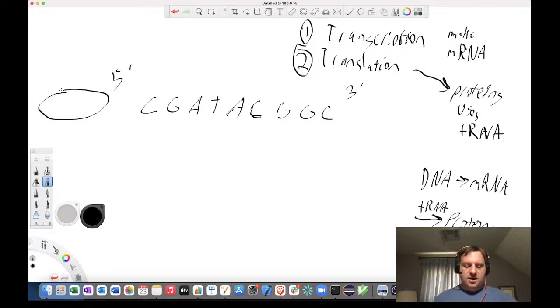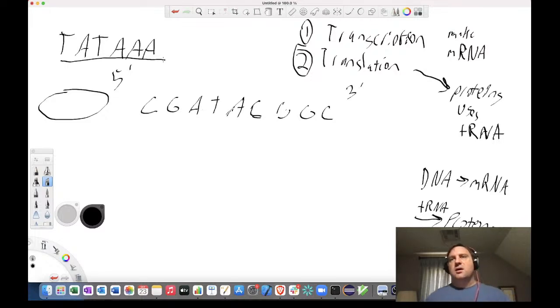Often there is what's called the TATA box, and it's usually TATAAA. This is upstream from where transcription starts, but it kind of aligns all the promoters so that they're going in the right direction.